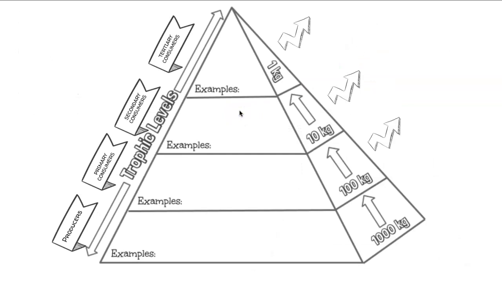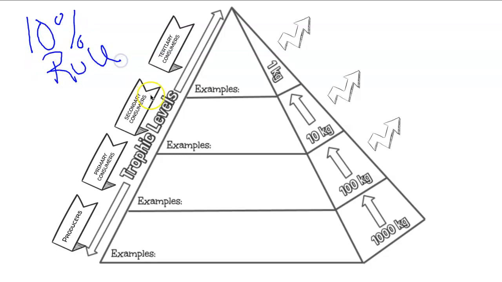You also have this diagram in the notes that I sent you. I do want to point out a couple of things here to explain the rule of 10%. The 10% rule basically states that only 10% of the available energy is passed on through each trophic level.